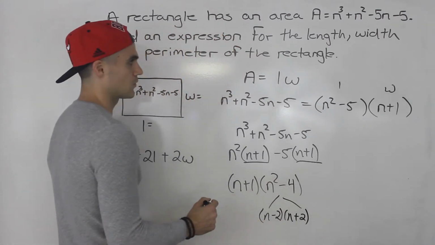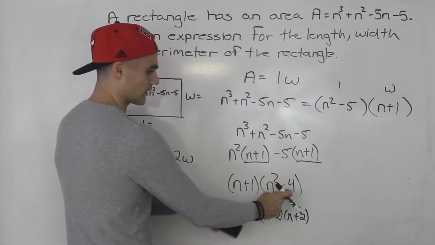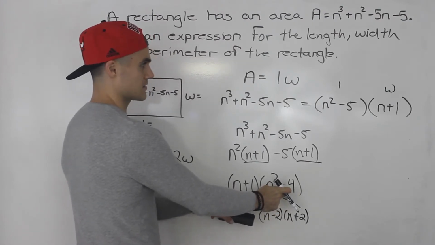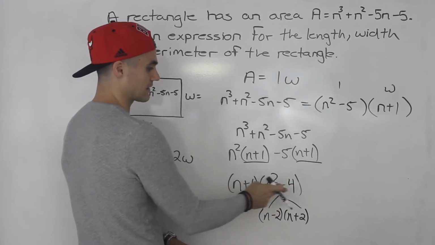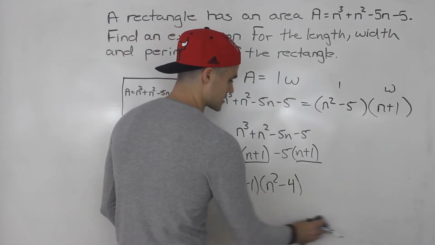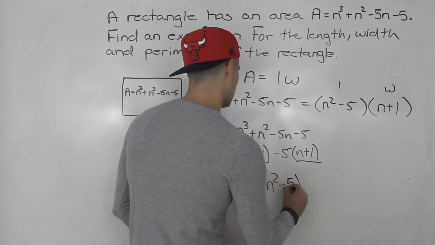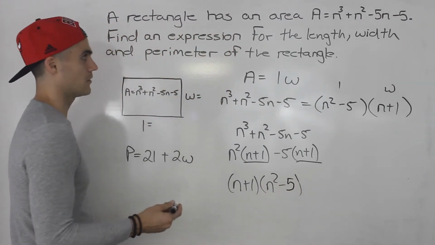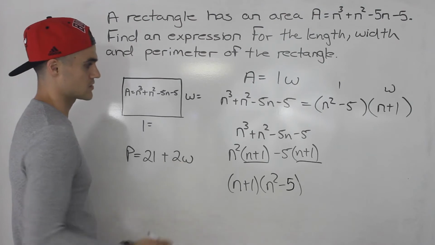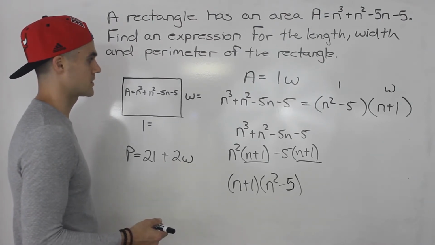But because we're dealing with two factors only, length times width, you want to keep it at these two brackets here, and then just represent the length and the width as one of the two brackets. So that's just a potential case that can come up. I actually thought of it when I was doing this question myself, so I thought I would mention it.